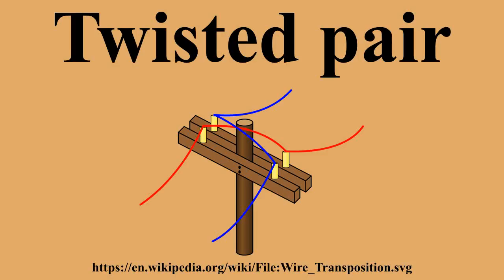Overall shield: overall foil, braided shield, or braiding with foil across all of the pairs within the 100 ohm twisted pair cable. Common names: foil twisted pair, shielded twisted pair, screen twisted pair. This type of shielding helps prevent EMI from entering or exiting the cable.